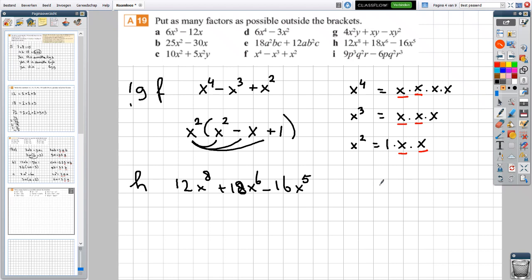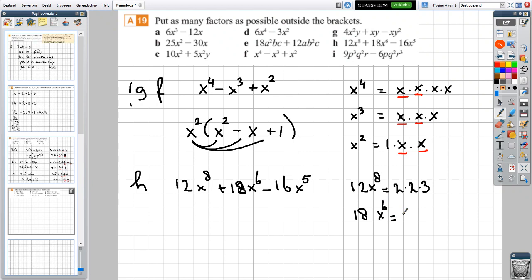I can now write this down like, let's for example do 12x to the power of 8. First take a look at the numbers. 12 I can write down as 2 times 2 times 3. I'm not going to write down x times x times x times x times x and then 8 times. Let's first do all the numbers.